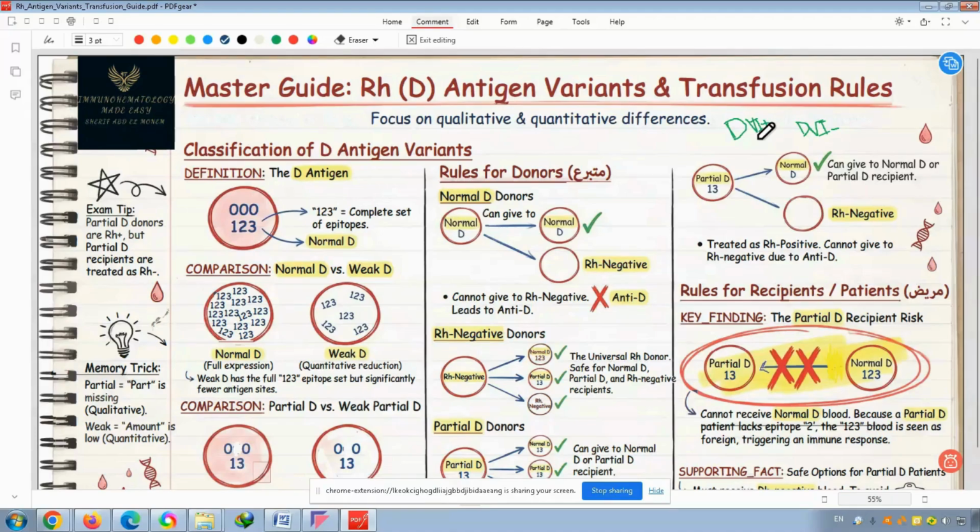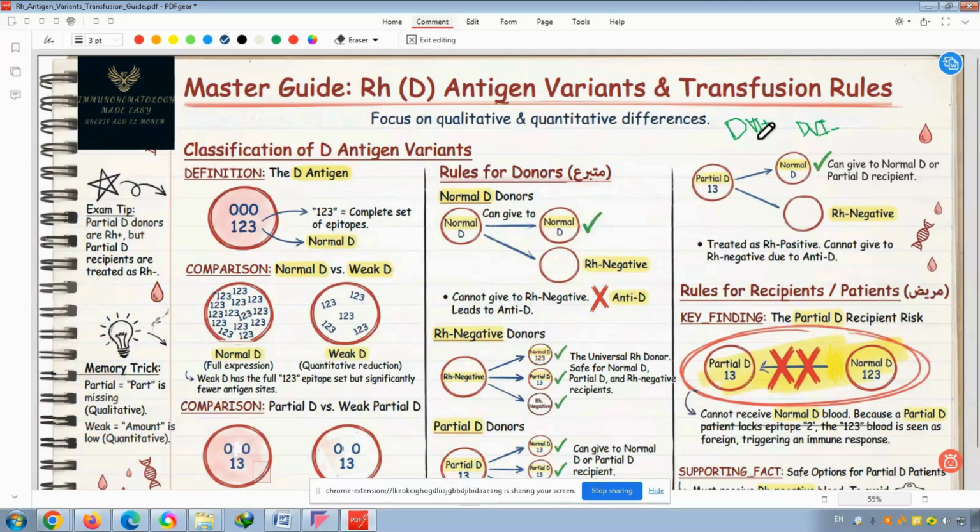That's why on our reagents, there is a type labeled D6 positive. What does that mean? That the reagent can give us a positive result if it reacts with this partial type. And if it's negative, it means that it will give us a negative result if the sample is of this type.